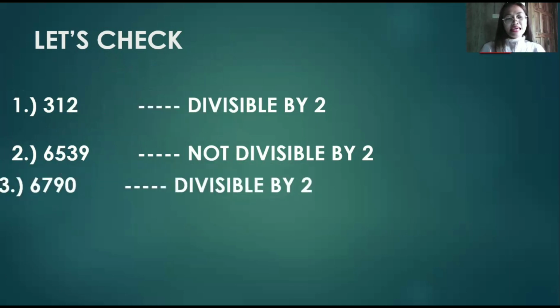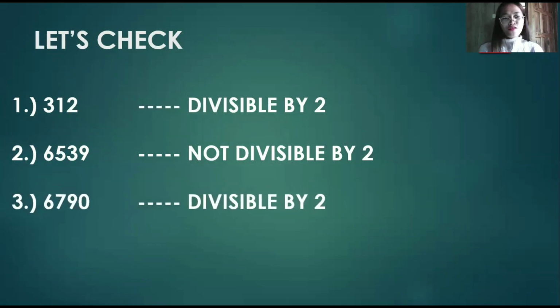Next, number 3. Okay, so for number 3, the given is 6,790. So, kung tanaw na to, it ends with 0 or the last number is 0. So, which is even. So, pasabot, the answer is divisible by 2.